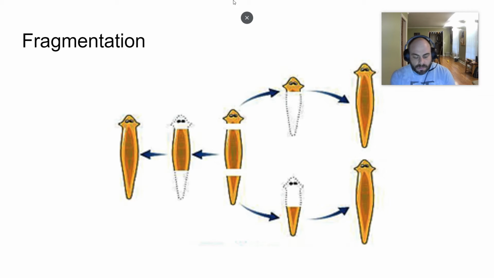And another type of asexual reproduction is called fragmentation. This is what it looks like. You start with an animal there on the left. That's a flatworm, and for some reason they cut that worm's head off and tail off, and it grows into more worm. This part of the body grows into more head and more tail, and the head grows more body, and the tail grows the head and the body.